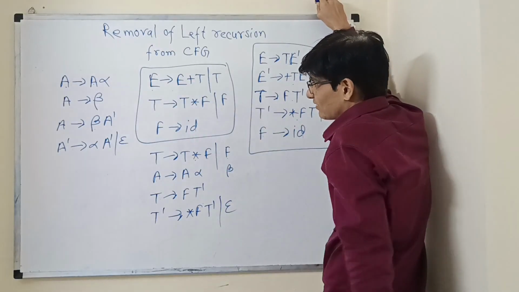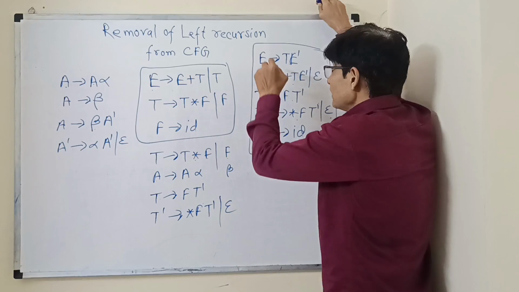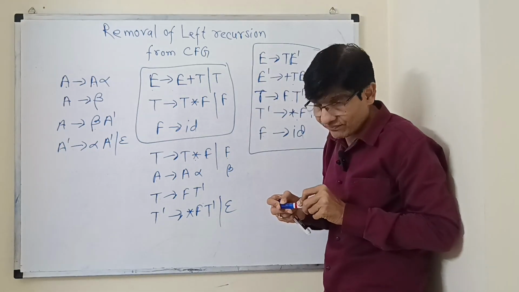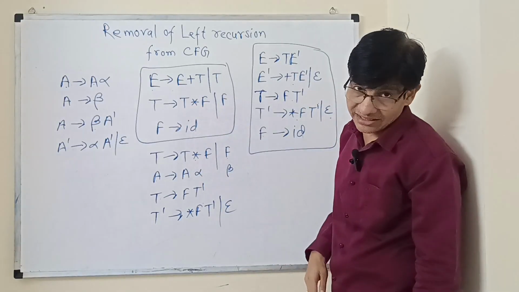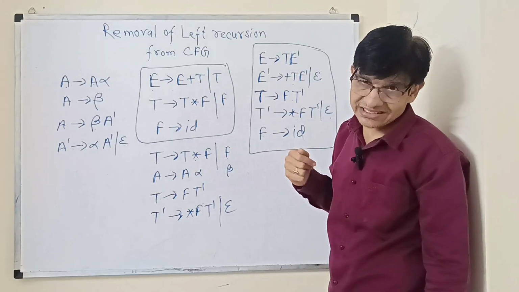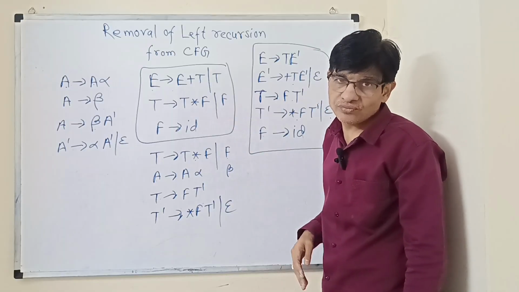In the original grammar we had only three variables. Now we have five different variables. So when you convert a left recursive grammar into a right recursive grammar, the number of variables and the number of productions are increased. So I hope the process is very much clear to all of you now.